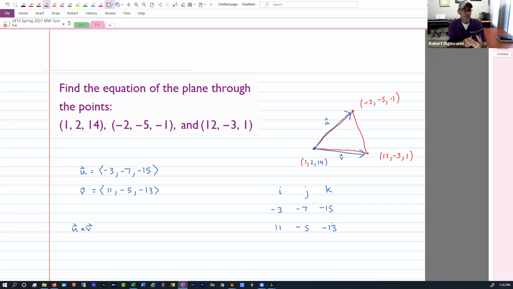Some of these calculators have the cross product as a built-in function. And if you have an older graphing calculator, you can even write a program to do cross product. So if you're a CS major, that might be a fun little thing to program your calculator to do cross products. So anyways, as I'm talking, why don't you go ahead and calculate that? I'll see if I can't just do it.